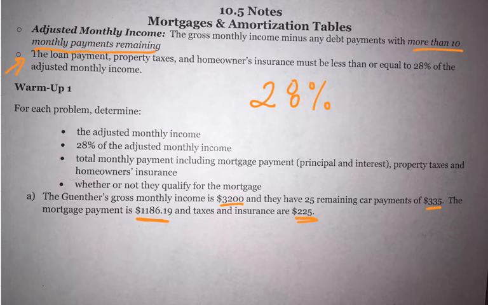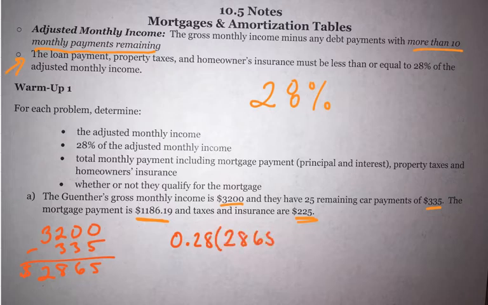That would be their gross monthly income, $3,200, minus their monthly car payment of $335. We end up getting $2,865 as their adjusted monthly income. Then we find 28% of $2,865.